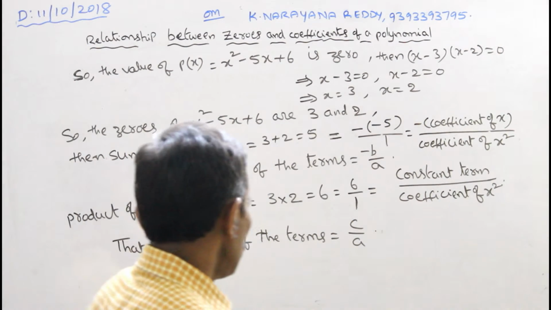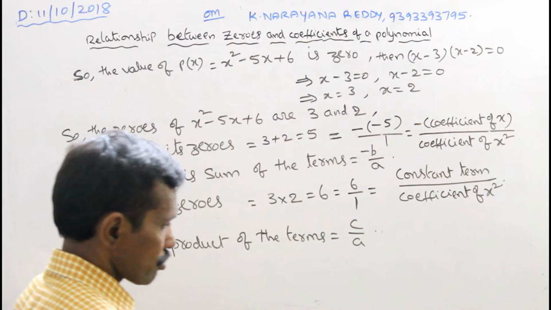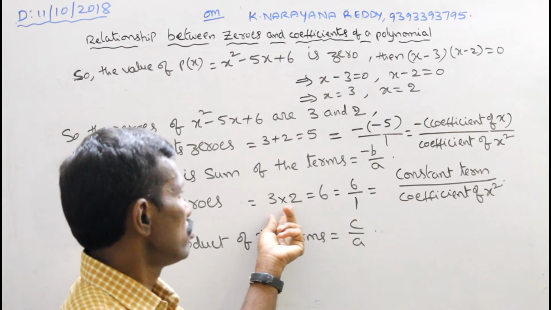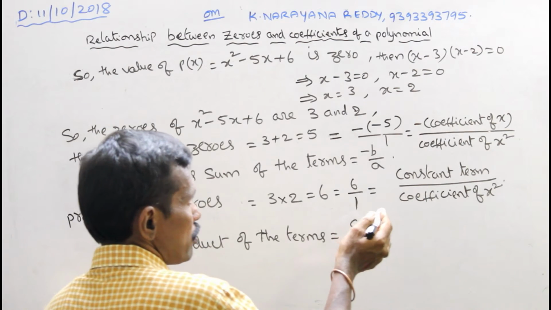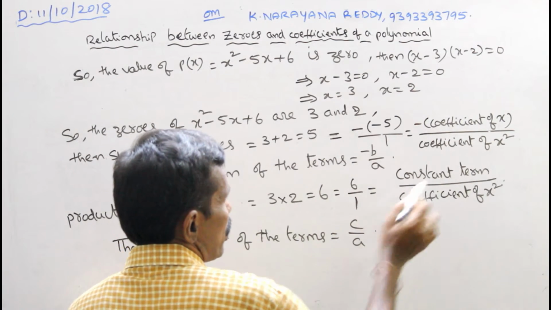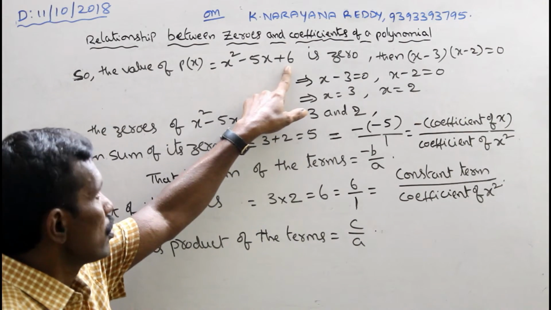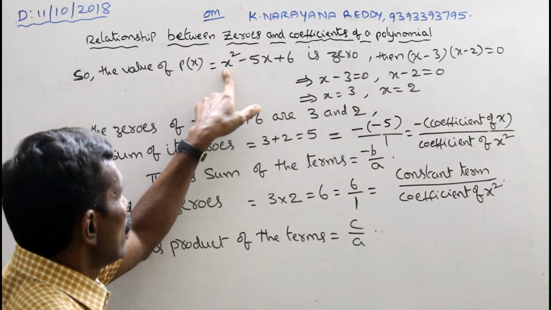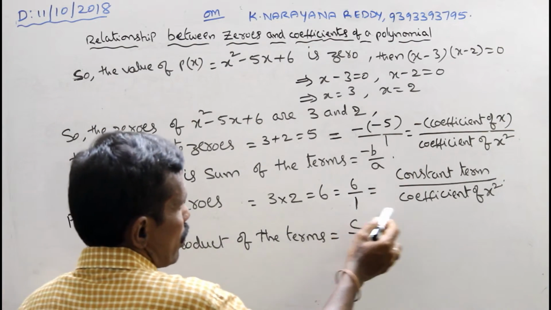Okay. Now take product of zeros. What are the zeros' product? 3 into 2, 6. 6 by 1 is 6. What is 6? Constant term. In this quadratic polynomial, 6 is a constant, 5 is the multiple of x, and the multiple of x square is 1.